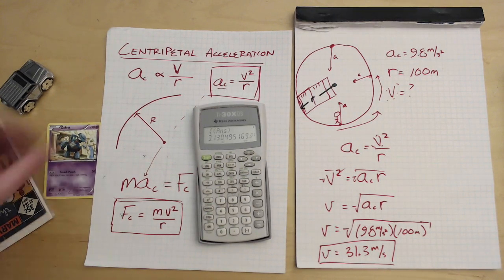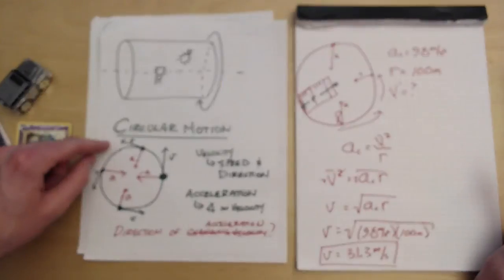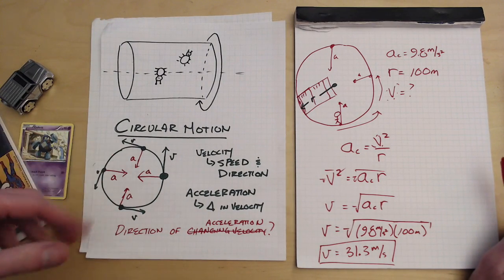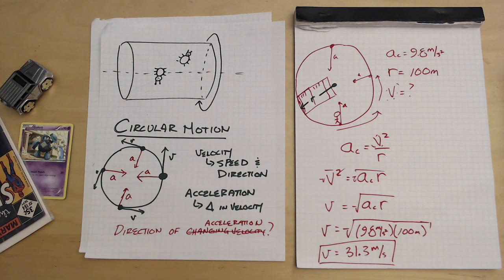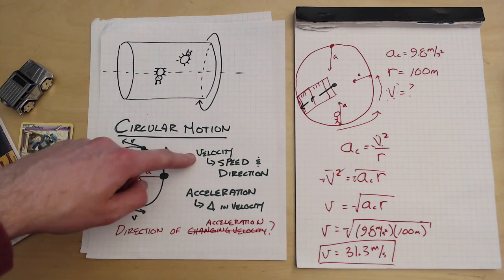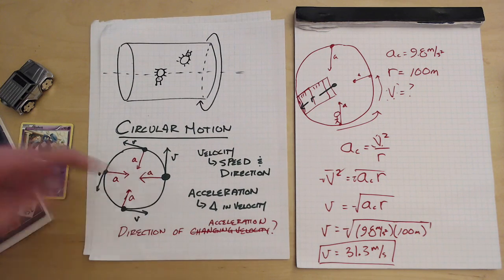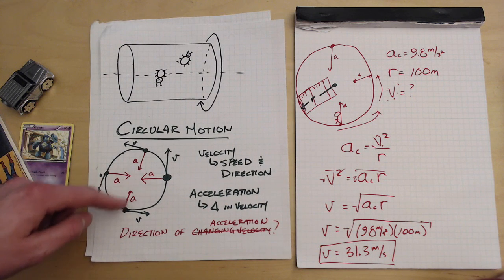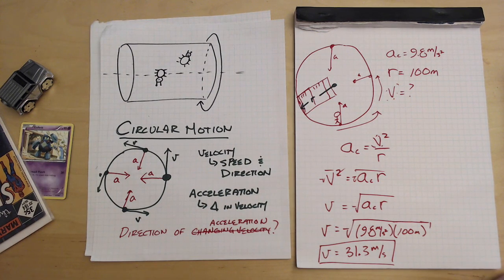So just to review, in circular motion, something moves around in a circle, we're going to say it's at a constant speed. So because the direction is changing, it means the velocity is changing, and when there's a change in velocity, there's an acceleration. That centripetal acceleration is always pointed towards the center of the path that whatever it is taking.